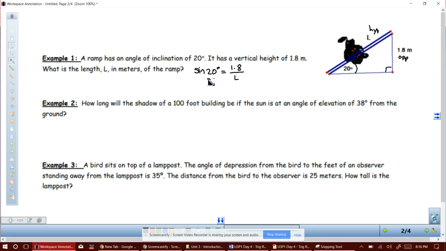I told you I wanted to see a setup, and then you could go ahead and solve for L. So in this problem, L would have to be 1.8 divided by the sine of 20. And then use your calculator to get your final answer. I typed it into my calculator, and I got 5.263, and those were meters.